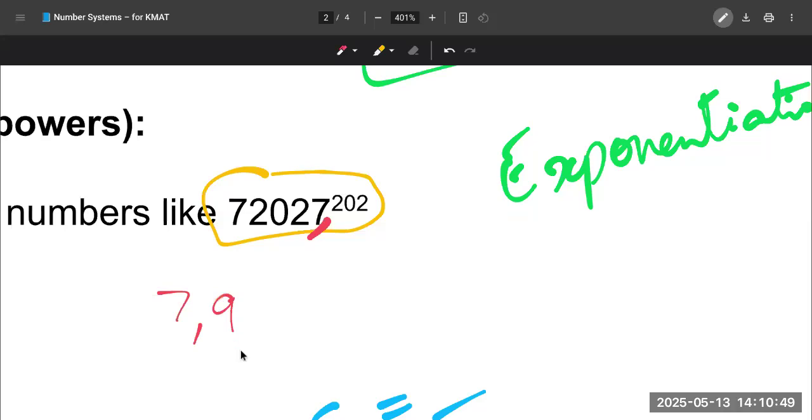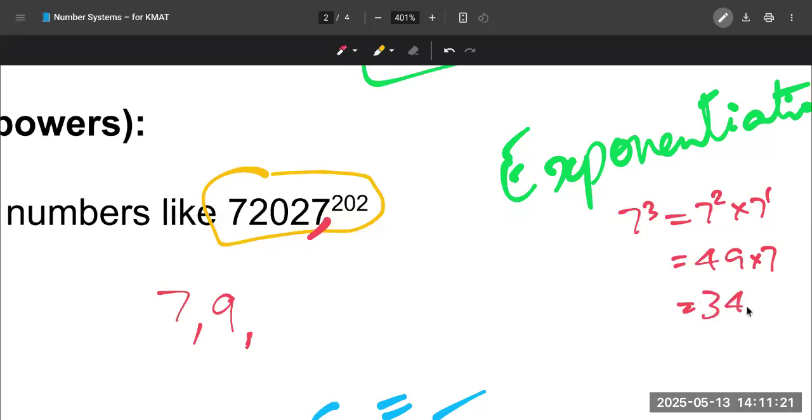That means 9 comes in the unit place. 7 cubed is 49 into 7, which is 343. So the last digit is 3.